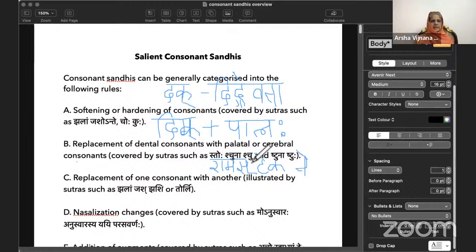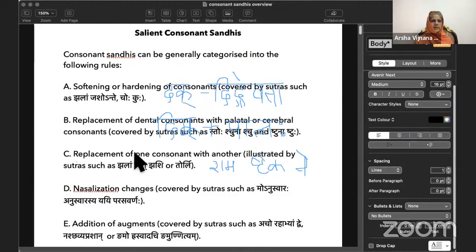The dental sa here will take the appropriate cerebral. It will become a what kind of sha? Murdhanya sha, a cerebral sha. Ramastakate. So that comes in the B kind, the replacement of dental consonants.